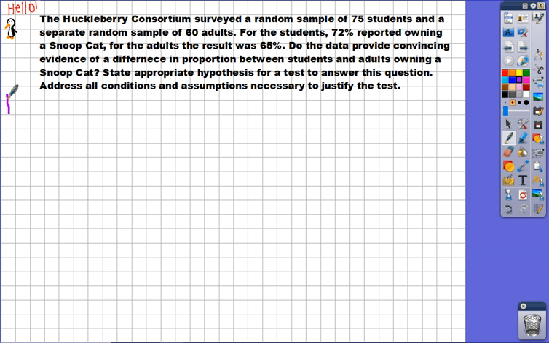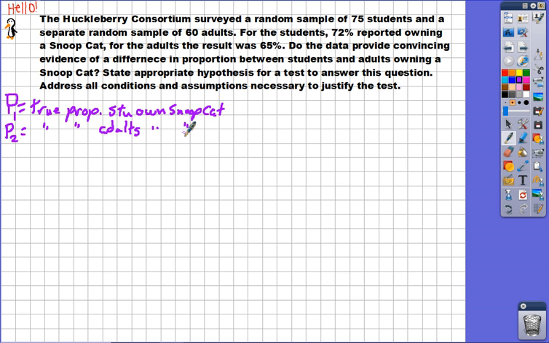So let's say P1 equals the true proportion of students that own a Snoop cat. And then P2 will be the true proportion of adults that own a Snoop cat.